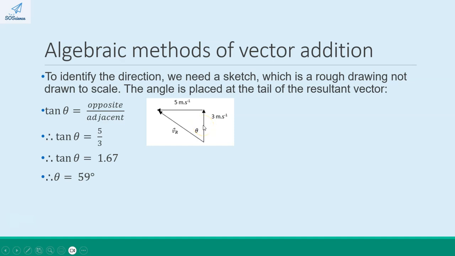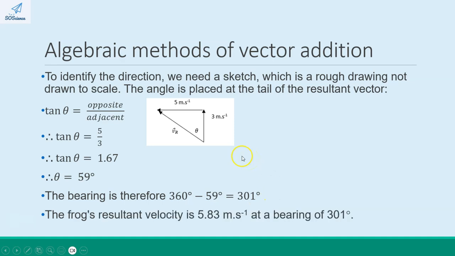So we can say 360 minus 59, and that will give us the angle from the north going clockwise until we hit this vector. So the bearing is 360 minus 59, which is 301 degrees. So the frog's resultant velocity is 5.83 meters per second at a bearing of 301 degrees.